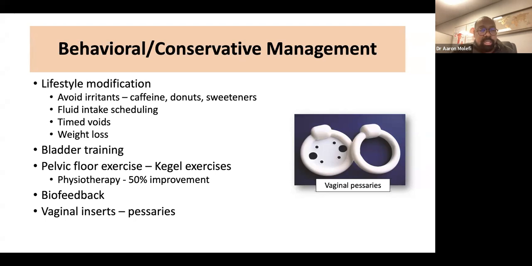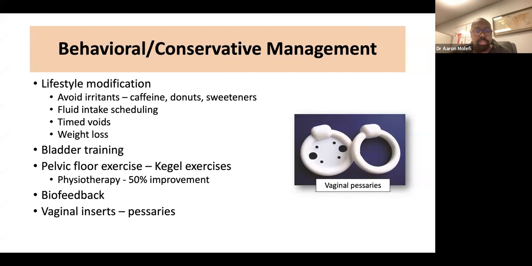Timed voids: they can actually have a timetable. Okay, I need to go to the bathroom, especially those that have urge incontinence. I need to go to the bathroom at this particular time so that I can make sure that my bladder is empty and I don't have this incontinence, to reduce the number of incontinent episodes.